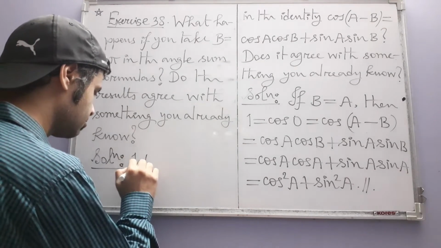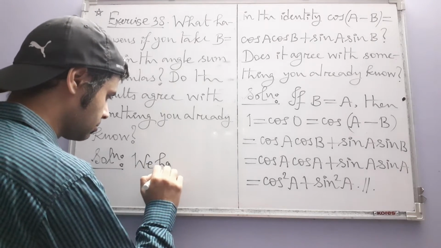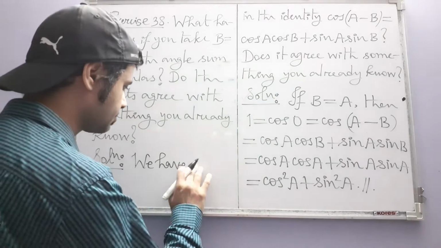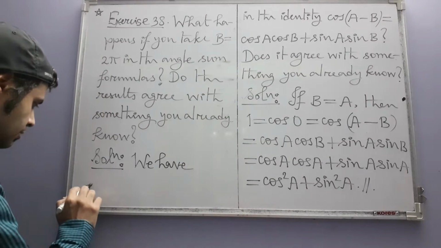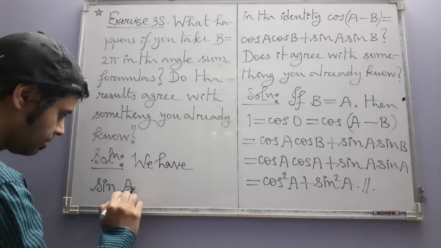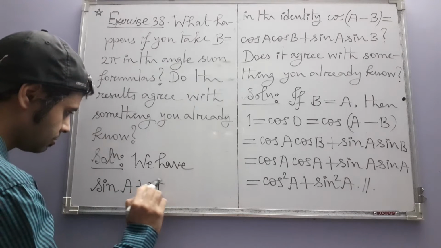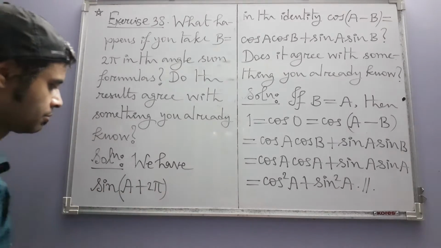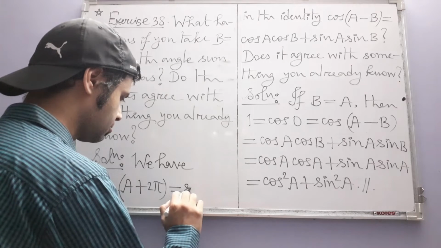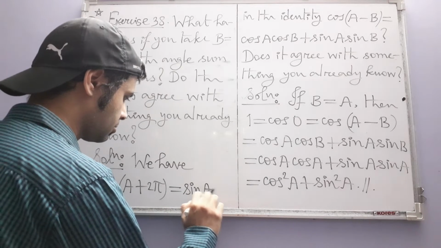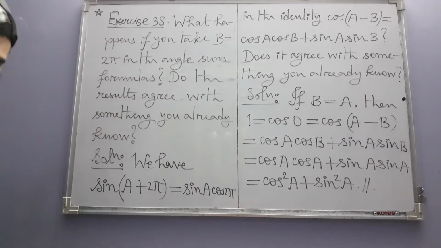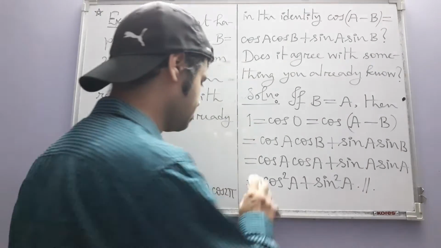We have sin a plus 2 pi equal to sin a cos 2 pi plus cos a sin 2 pi.